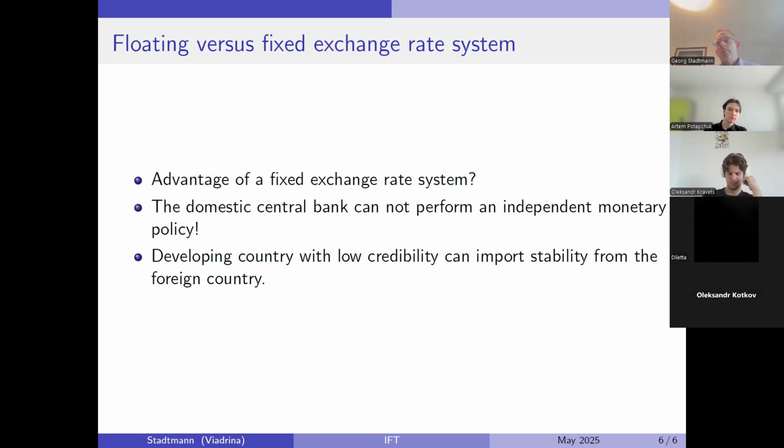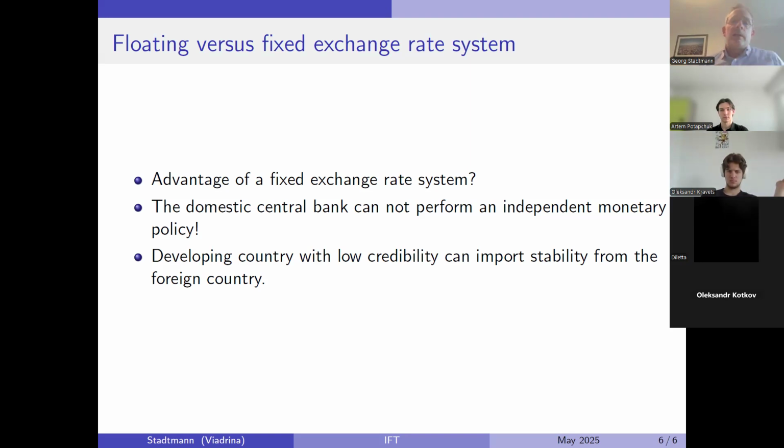I cannot perform an independent monetary policy, else our fixed exchange rate system will blow up. So the central banker can deny to print money. And this can be one advantage of a fixed exchange rate system, that the politician cannot force the central banker to print money because else the fixed exchange rate system will blow up.